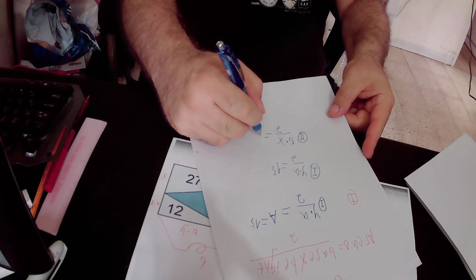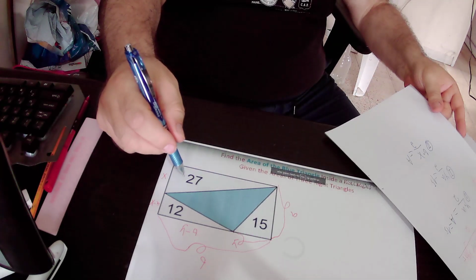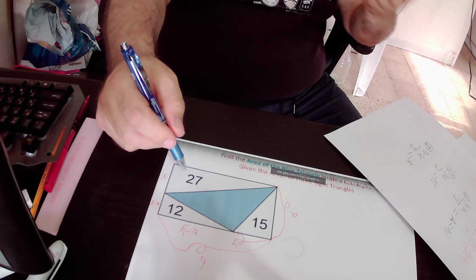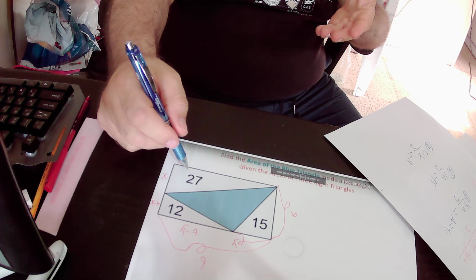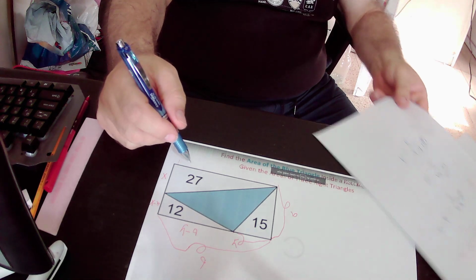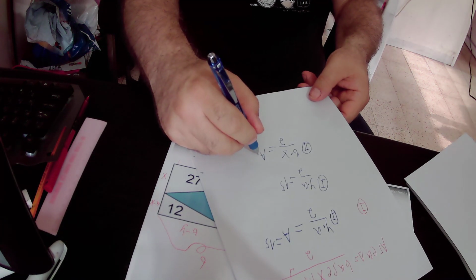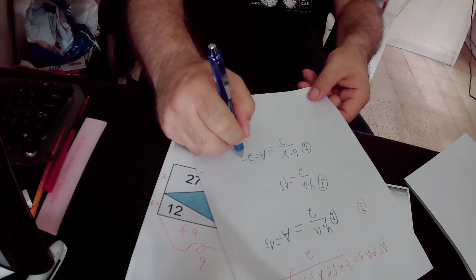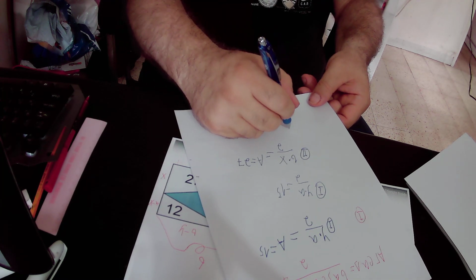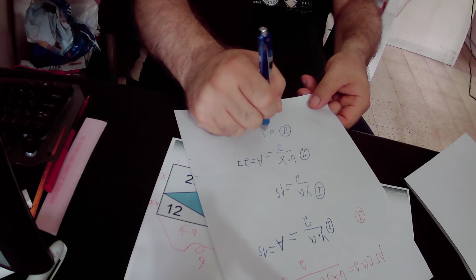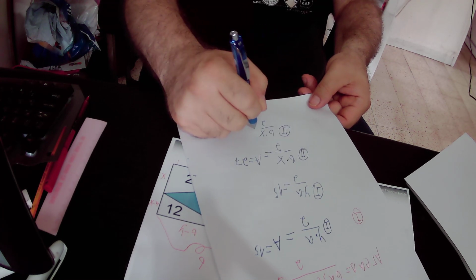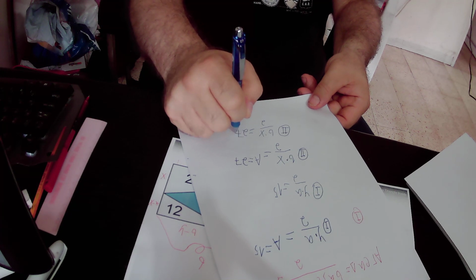But we already know that the area of this right triangle equals 27 units. So we can write it again: b times x divided by 2 equals 27.